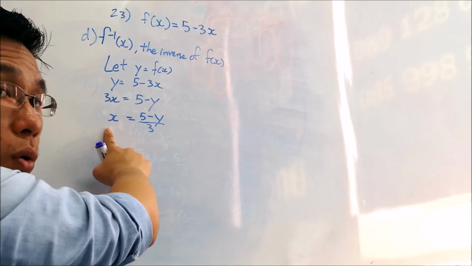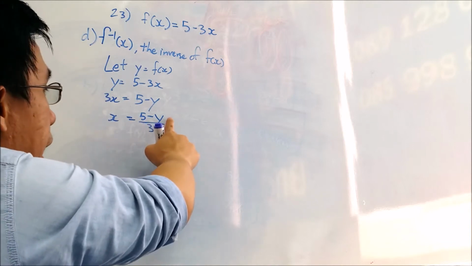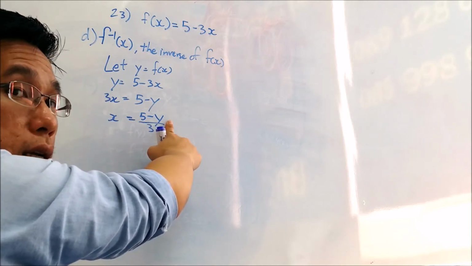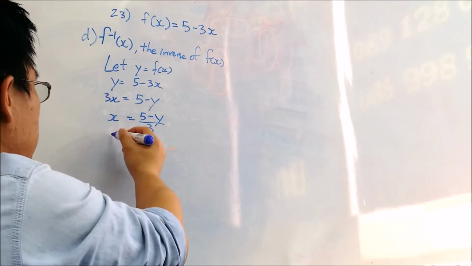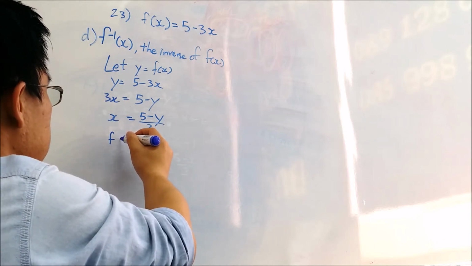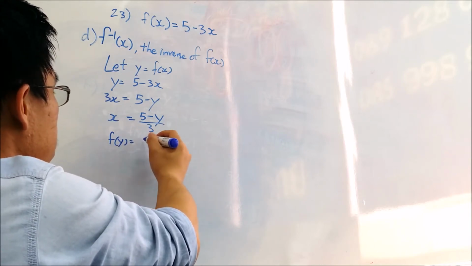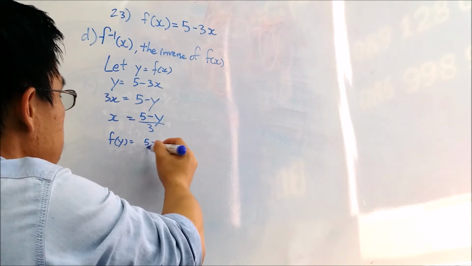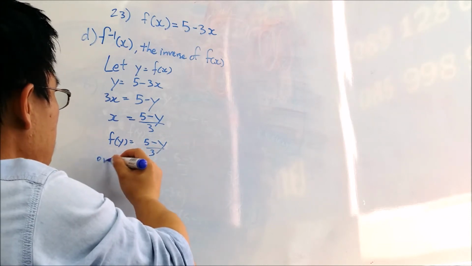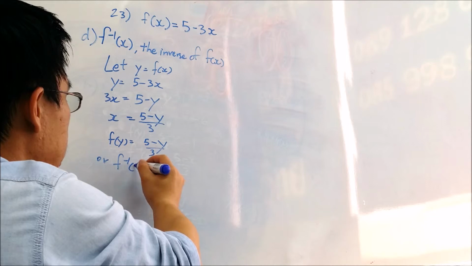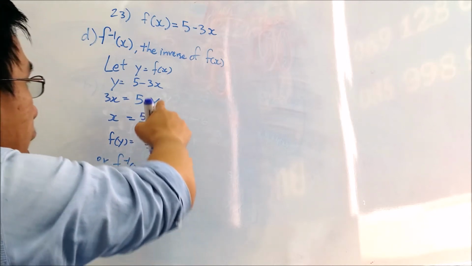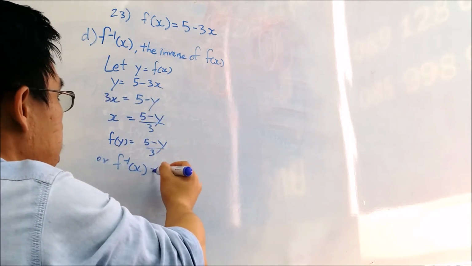That is our goal. Therefore, we have this y as the variable, so this is called a function of y. x is equal to 5 minus y divided by 3, and in this case it's the inverse, because we are inversing the function.